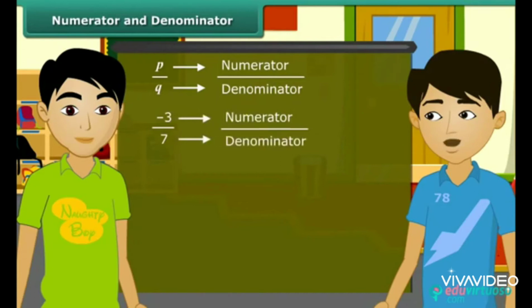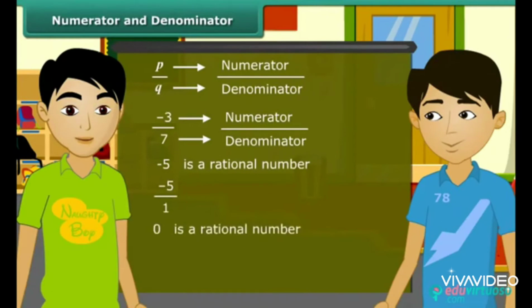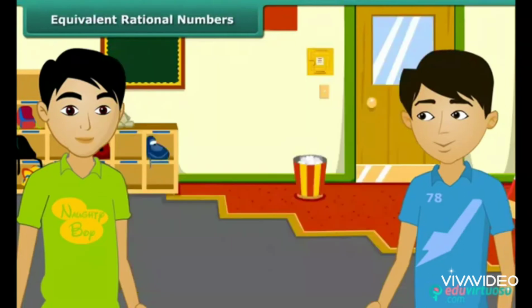So in minus 3 upon 7, minus 3 is the numerator and 7 is the denominator. Now let us see whether an integer can be a rational number. Suppose minus 5 is a rational number. Why? Because we can write it as minus 5 upon 1. 0 is also a rational number because we can write it as 0 upon 2 or 0 upon 7.